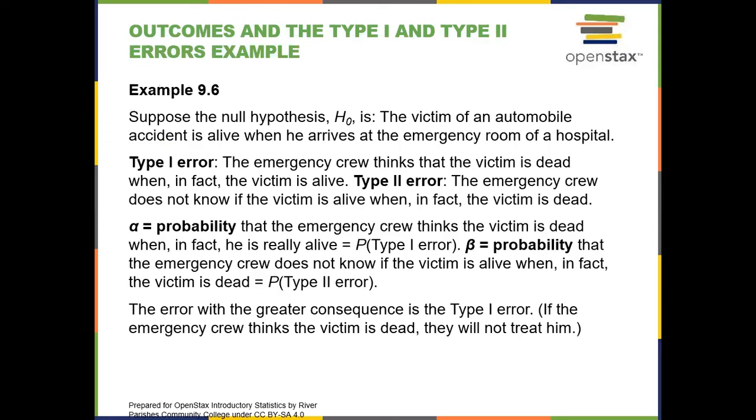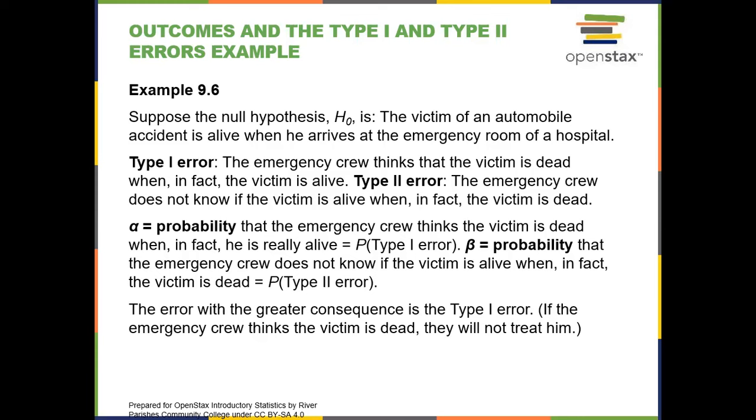Suppose the null hypothesis H sub 0 is: the victim of an automobile accident is alive when he arrives in the emergency room of a hospital. Type 1 error, reject H0 when H0 is true. That means the victim is alive, but the emergency room technicians think he is not alive. The emergency crew thinks that the victim is dead when in fact the victim is alive. That's type 1 error.